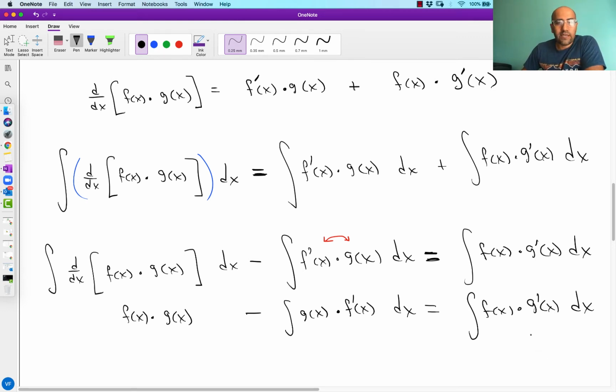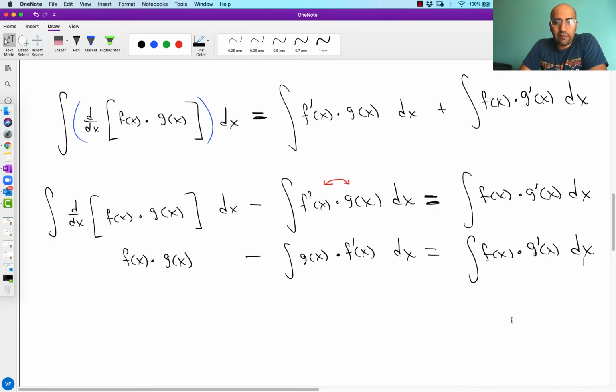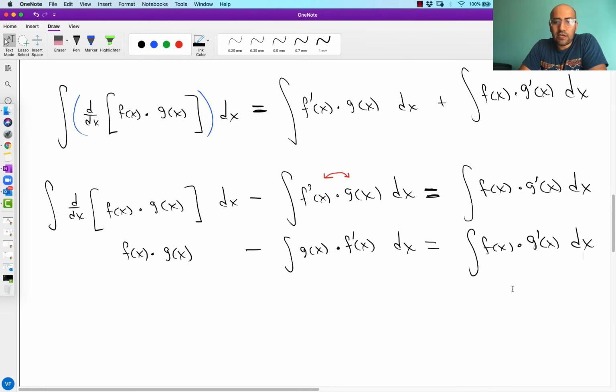Okay, so once again, all I'm going to do is move things around a little bit just to make it fit the standard form of the presentation of integration by parts. I'm going to begin by moving everything from the left-hand side to the right and the right to the left. I'm just going to flip it around.